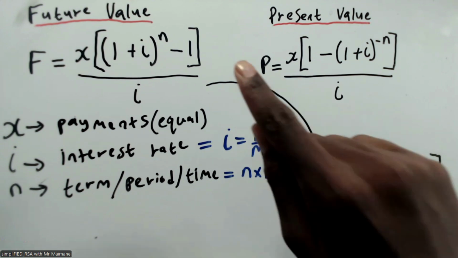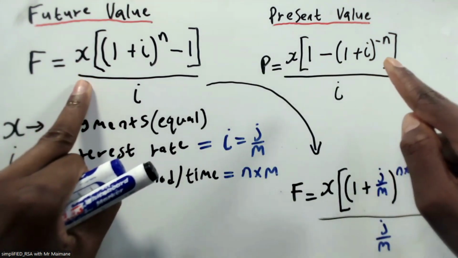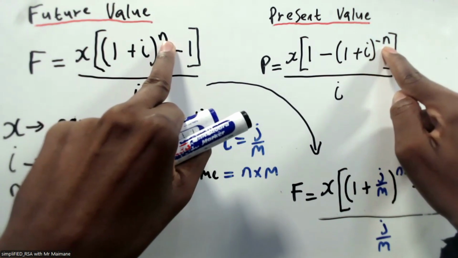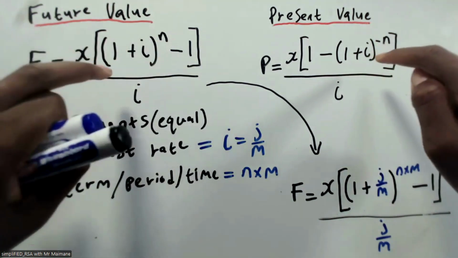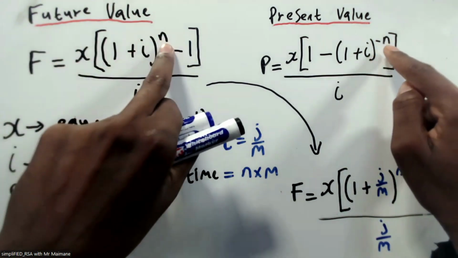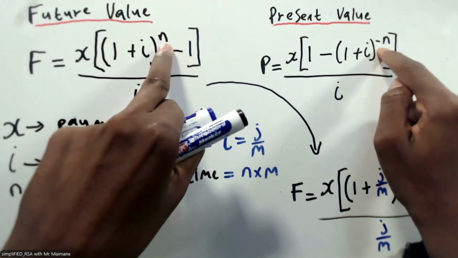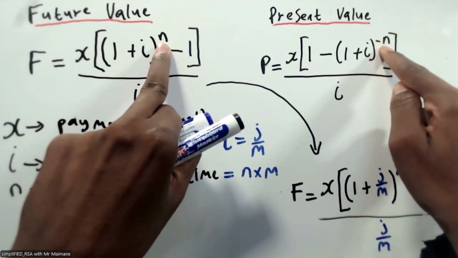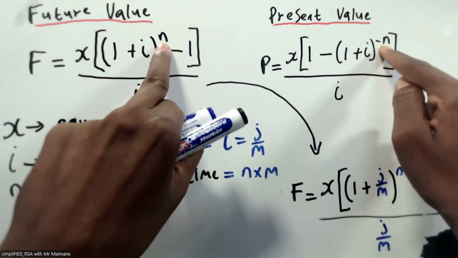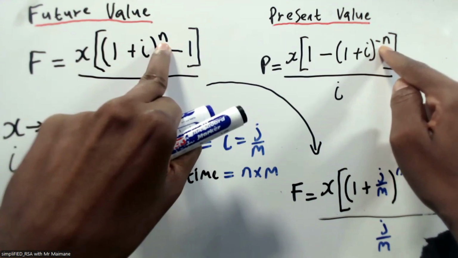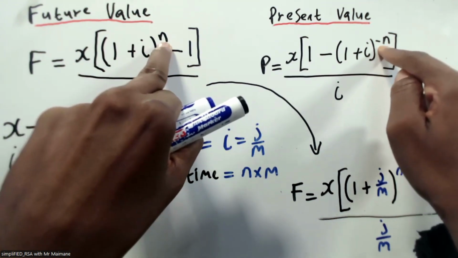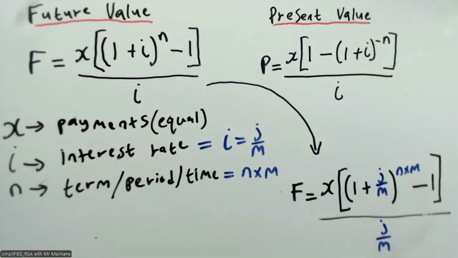And for me to use either this formula or this formula, before I substitute N into any of these formulas, N must always be in years. Not always will they give you N in the form of years. Sometimes they'll tell you the payments were made for 6 months. I know that I can convert 6 months into a year. How do I do that?